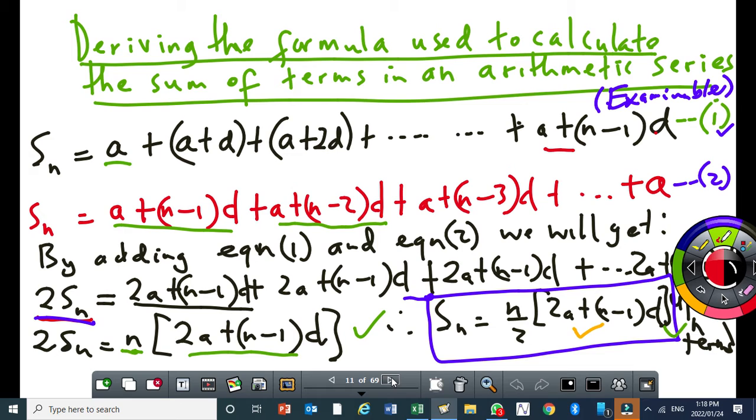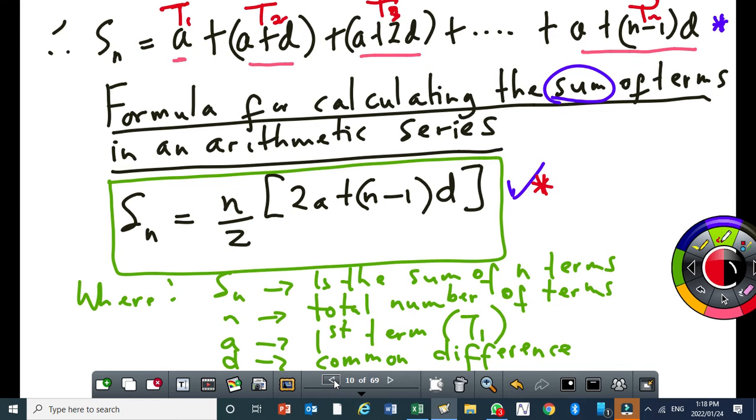we start by writing the formula for a series using A and D, together with N, of course. So Sn is equal to A plus D. I've already written this down here. Don't be surprised as to where I'm getting it from. Sn equal to A plus D plus A plus 2D and so on.